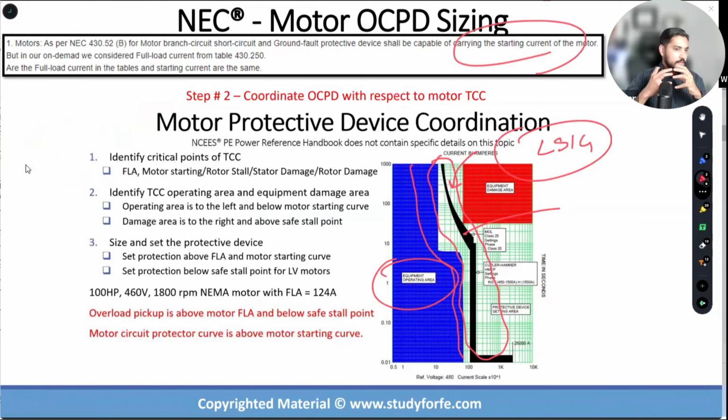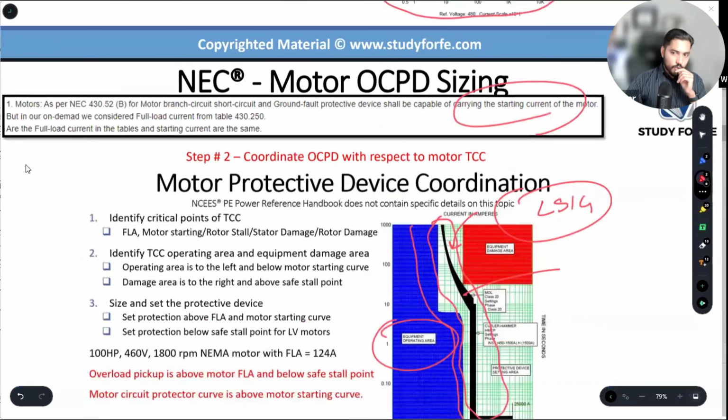What I love about the NEC is that if you focus on developing a sound theoretical knowledge, combine it with the practical aspects of things, and try to relate the code requirements as a link between the theory and the practice, it really helps you understand the scenario at hand very efficiently and effectively, right? Now, that number that we're looking at, 250% of the FLC, where do you think over here is it going to start?